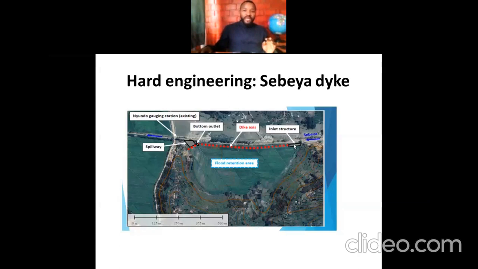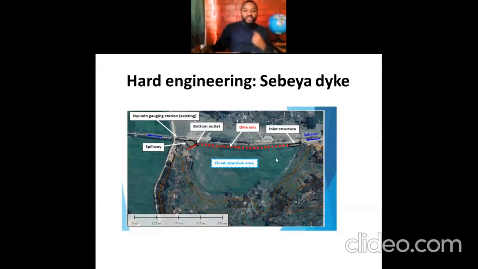So water enters from this side, that is the inlet, and it comes to be stored in this whole retention area. And once it is too much, it can start flowing out through the outlet that is here and go back to the main channel.